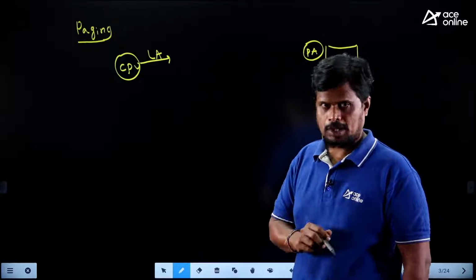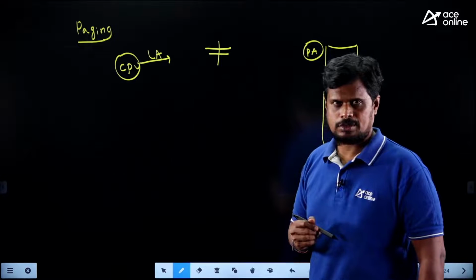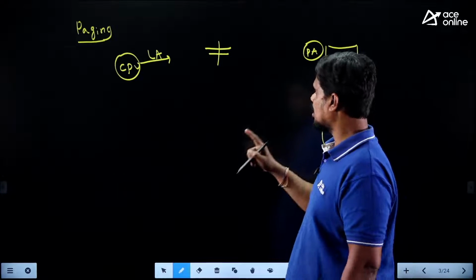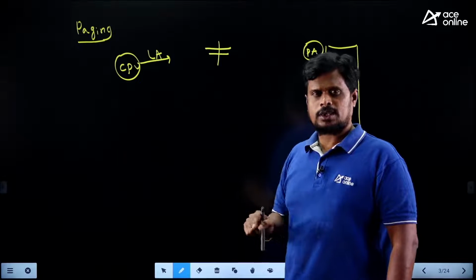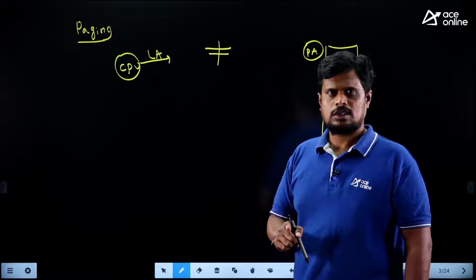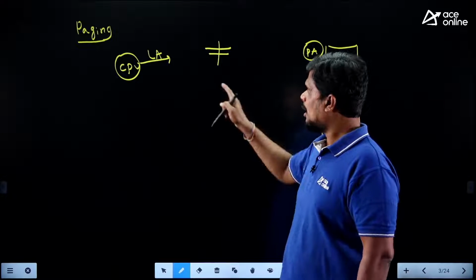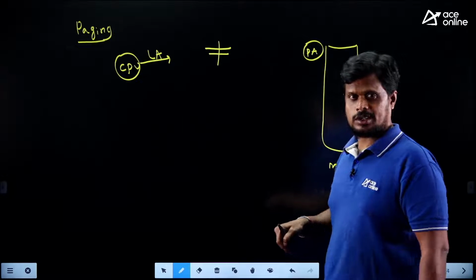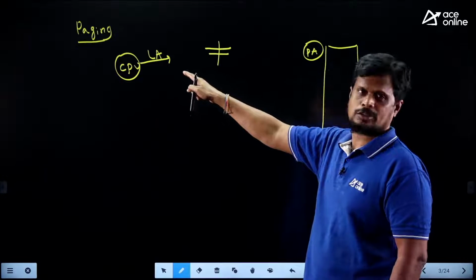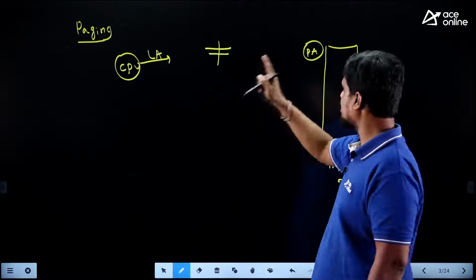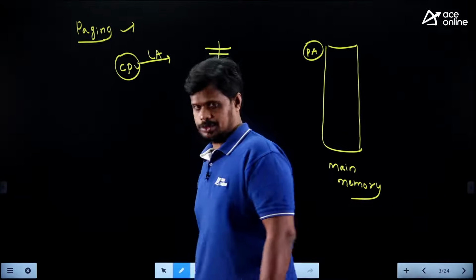No, because there is a mismatch between the logical address and the physical address. So since the memory is associated with the physical address, if the CPU wants its desired data, the generated logical address must be converted to a physical address. For that purpose, we require the paging concept.